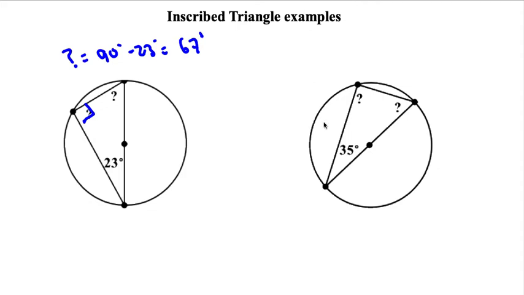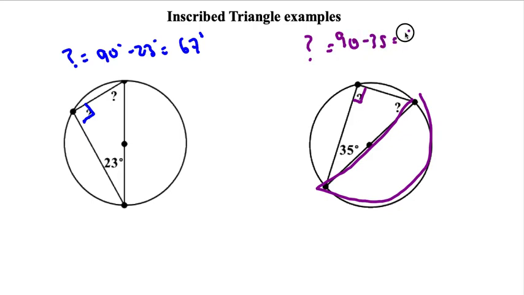Similar reasoning, because this is a diameter, and it subtends that arc there, that makes this 90 degrees, which means that the other question mark here is equal to 90 minus 35, or 55 degrees.